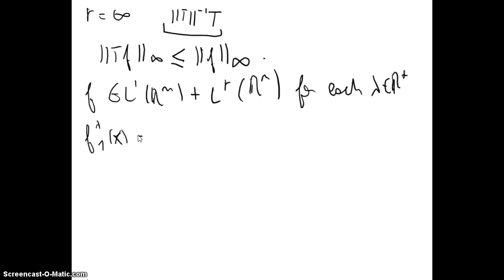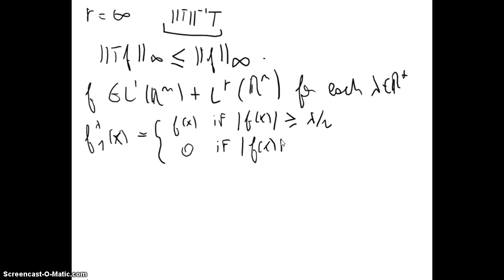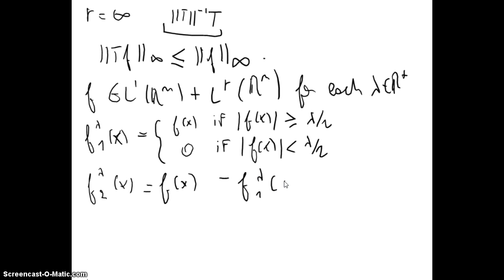This function will be f of x if the absolute value of f is greater than lambda over 2, and 0 if the absolute value of f is less than lambda over 2. Okay, and then we define f lambda 2 of x equal to f of x minus what we just defined, f lambda 1 of x.